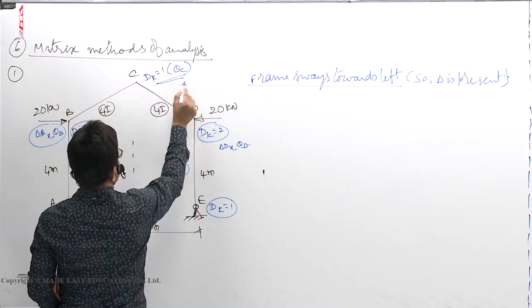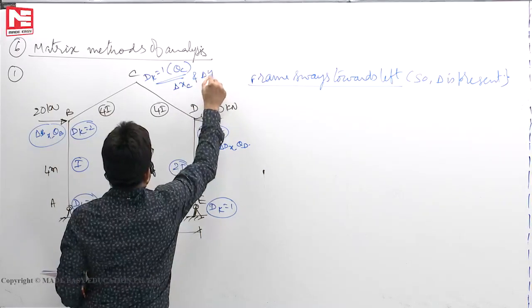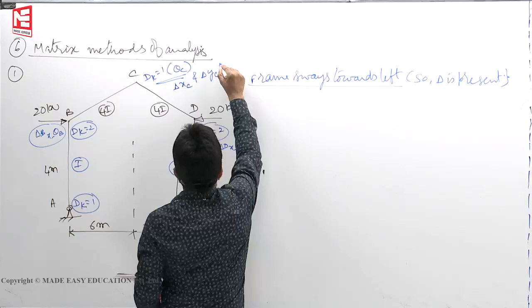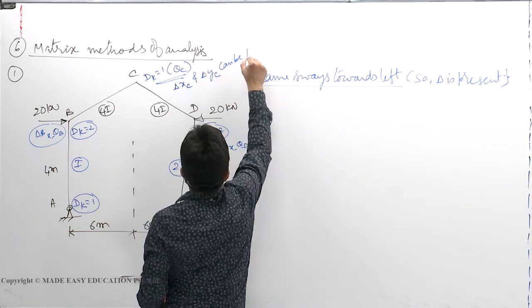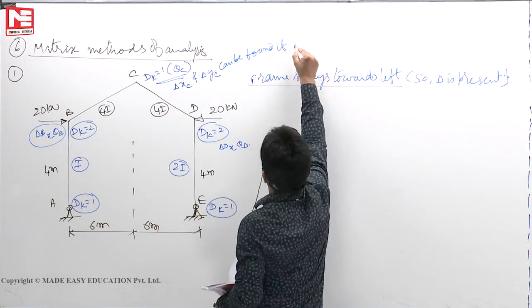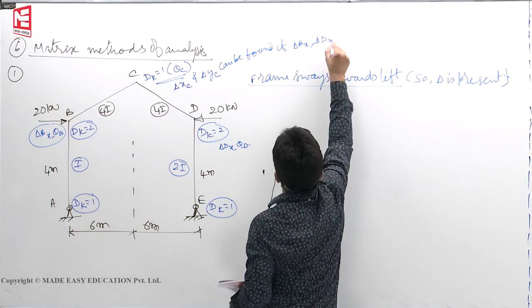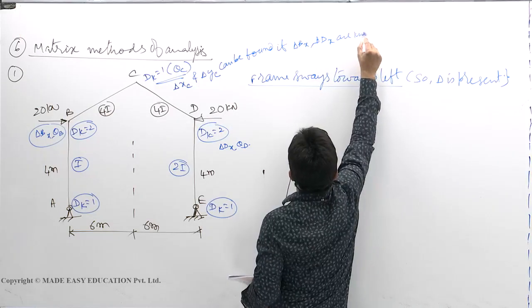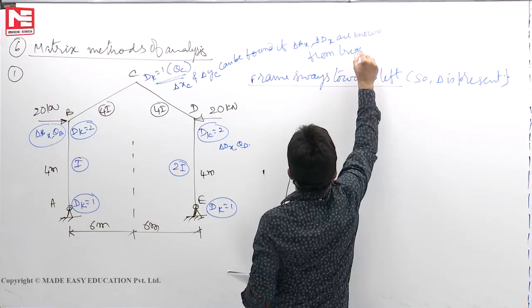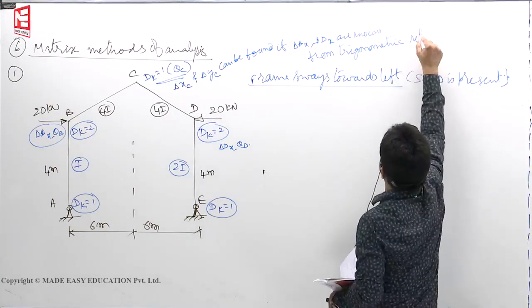Delta xc and delta yc can be found if delta bx, delta dx are known, from trigonometric relations.